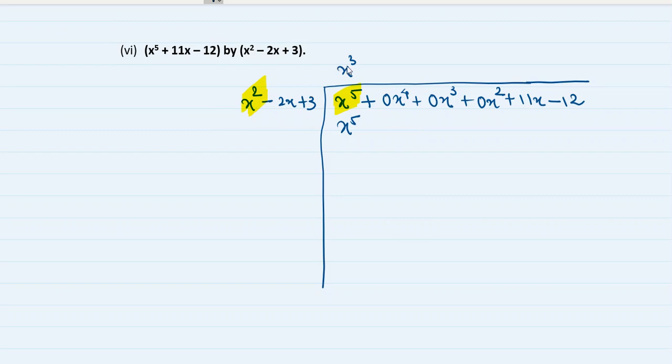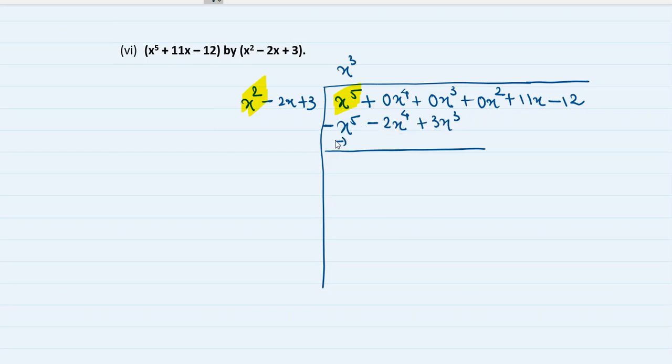Okay, so x cube multiplied by minus 2x will give you minus 2x raised to 4, and x cube multiplied by 3 will give you plus 3x cube. Then you draw a line and write a minus sign. If you have written a minus sign, then the sign of each and every term over here changes.